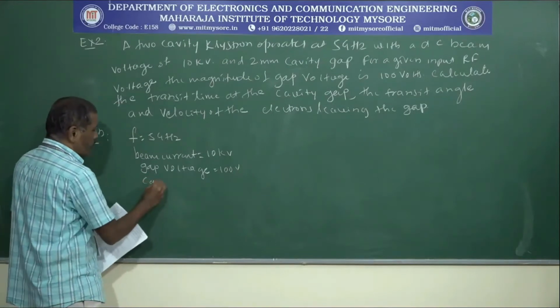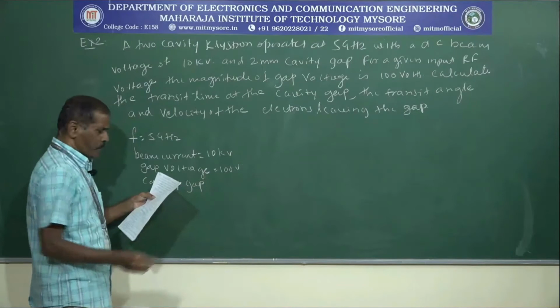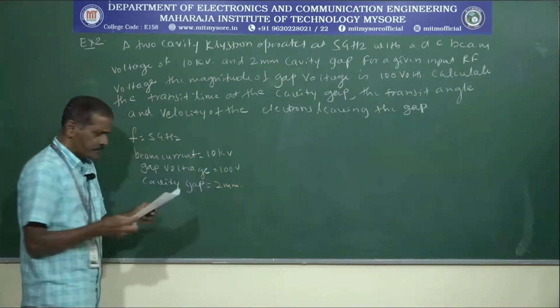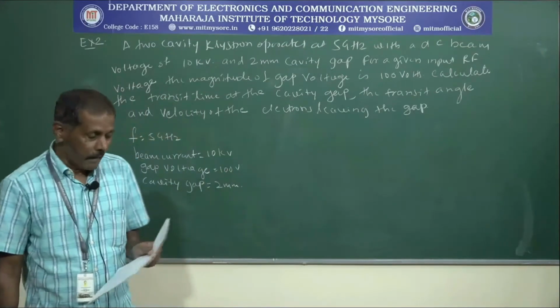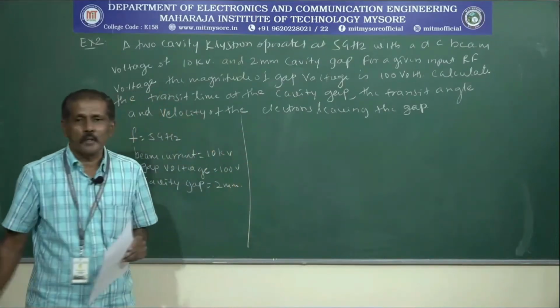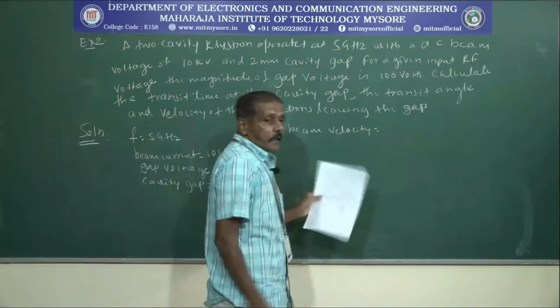And one more parameter is given, that is cavity gap. So this cavity gap is given as 2 mm. From these given values, now let us try to solve for the unknown parameters.